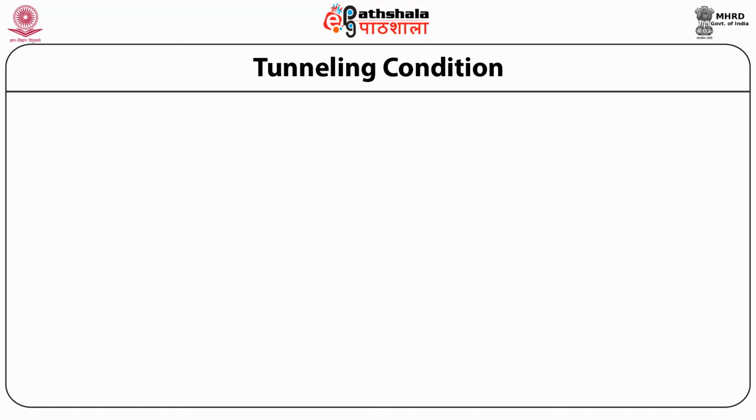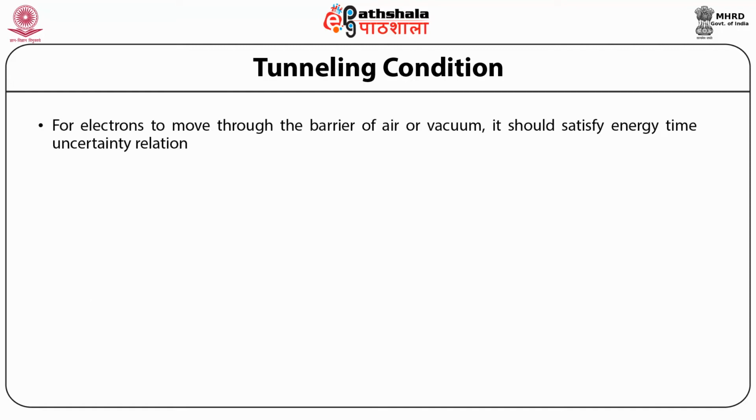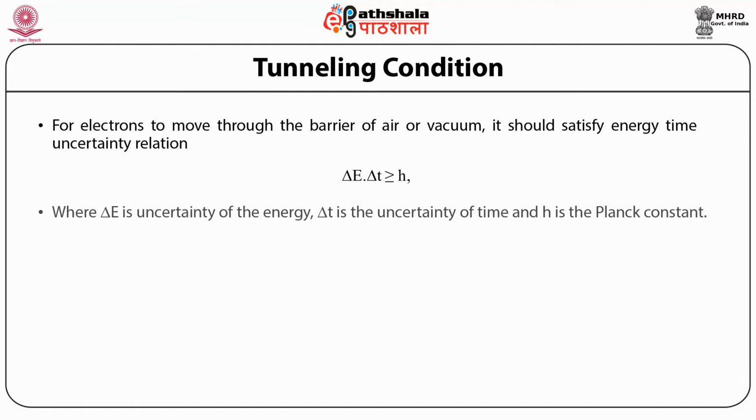Tunneling condition. For electrons to move through the barrier of air or vacuum, they should satisfy the energy-time uncertainty relation, that is delta E dot delta T is greater than or equal to h, where delta E is the uncertainty of energy, delta T is the uncertainty of time, and h is the Planck constant.